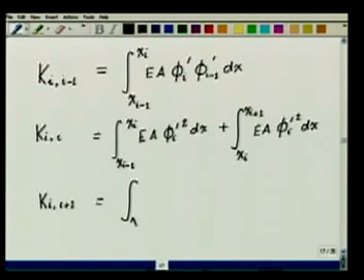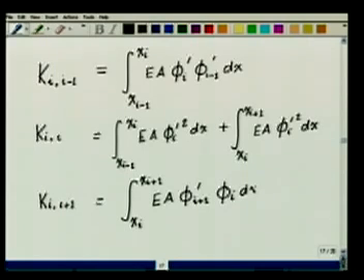So what we will have is the integral from xi to xi plus 1 of Ea phi I plus 1 prime phi I prime dx. These are the only 3 column entries of the ith row which are going to be non-zero.